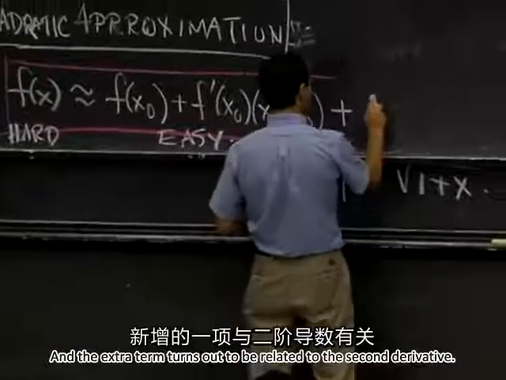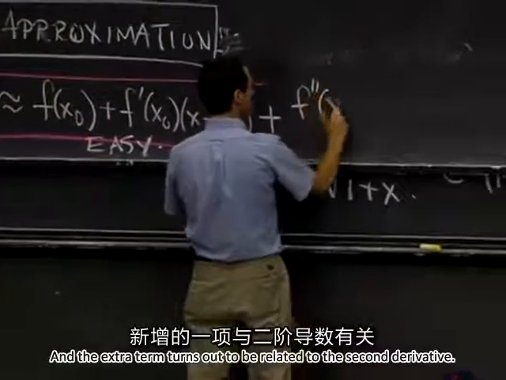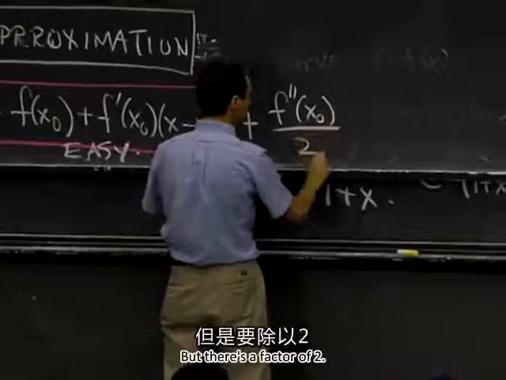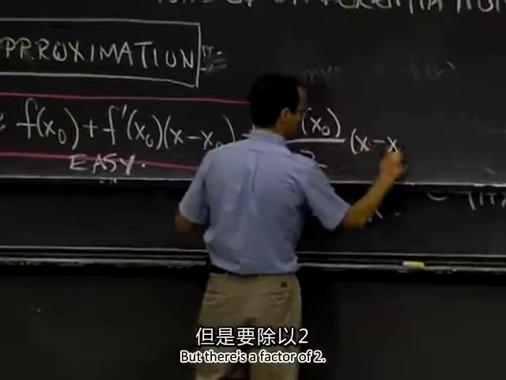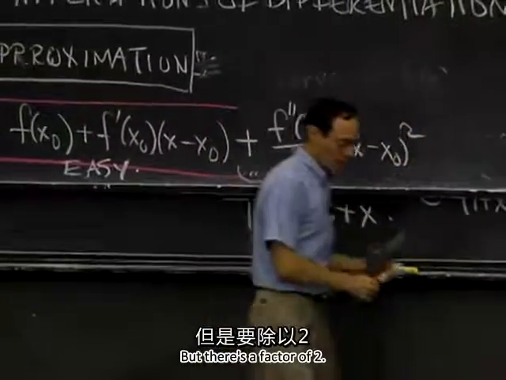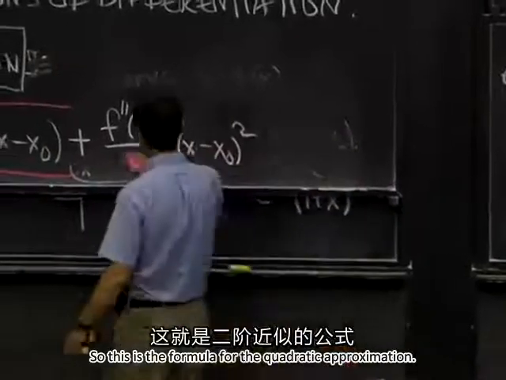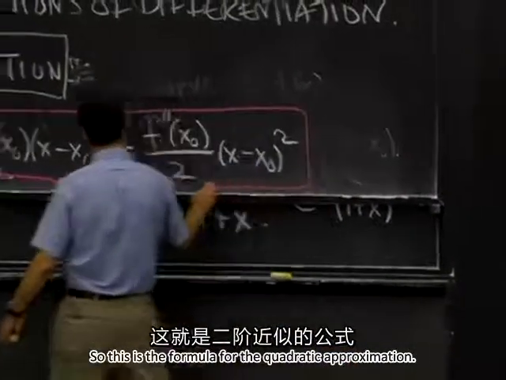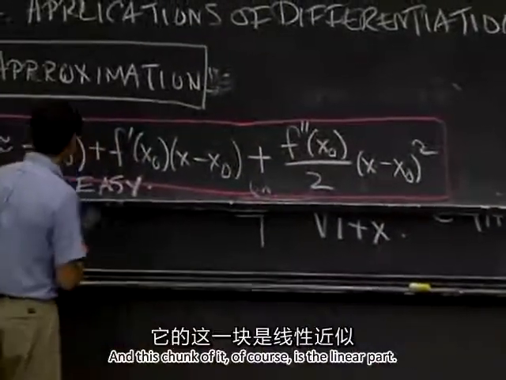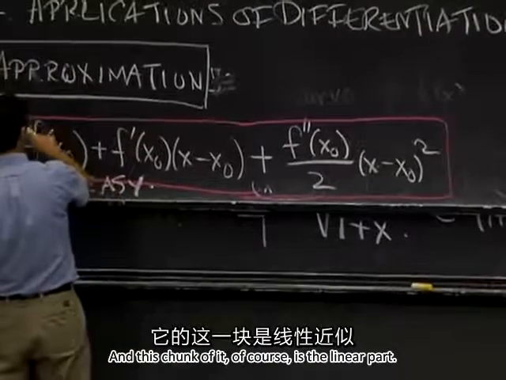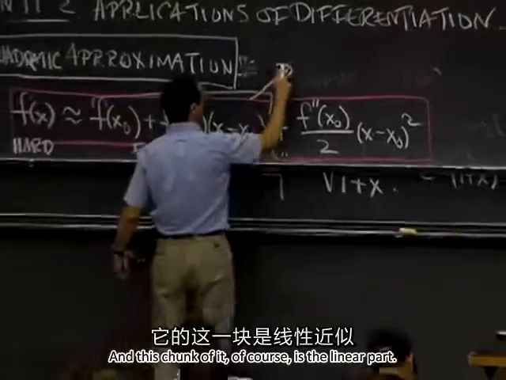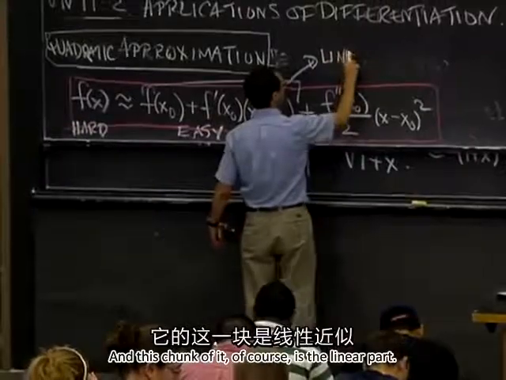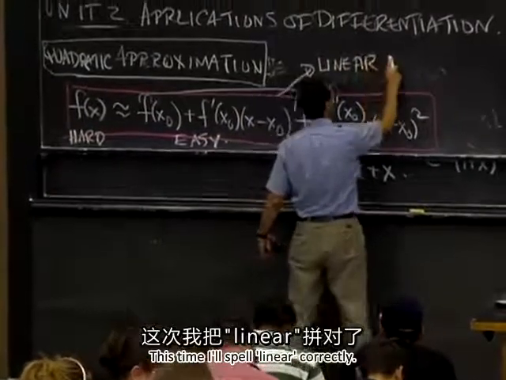The extra term turns out to be related to the second derivative, but there's a factor of 2. So this is the formula for the quadratic approximation. This chunk of it, of course, is the linear part. This time I'll spell linear correctly.